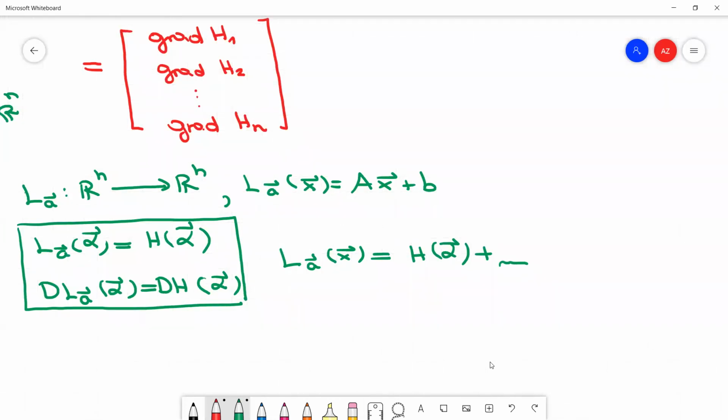This was exactly the derivative times x minus alpha. If we plug in x equal to alpha in this equation, we should get exactly dh of alpha. So this is then the generalization. This is then our linear approximation.